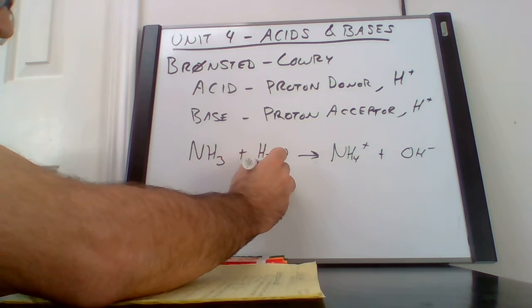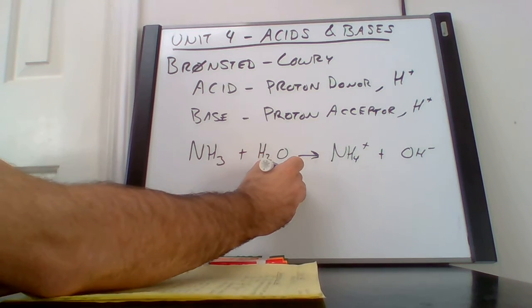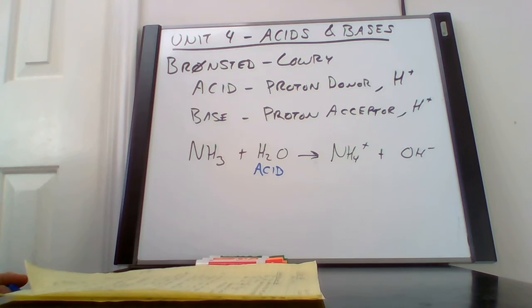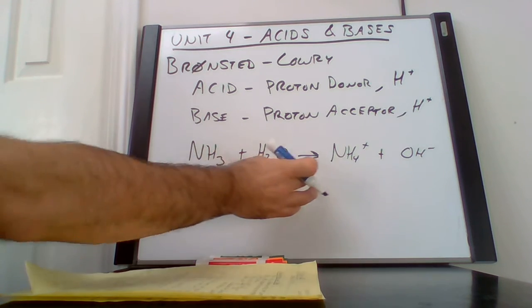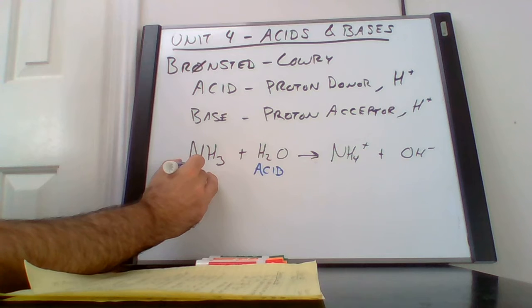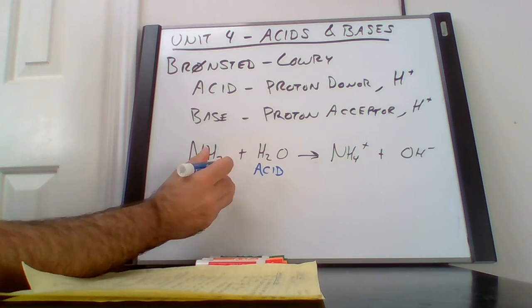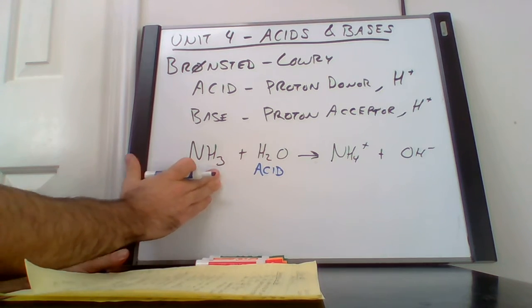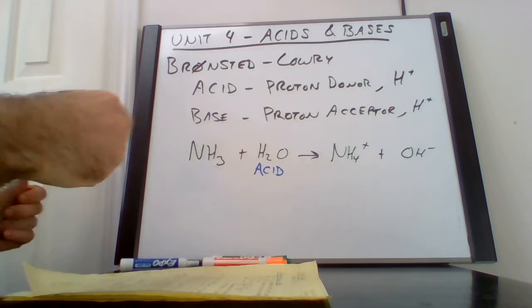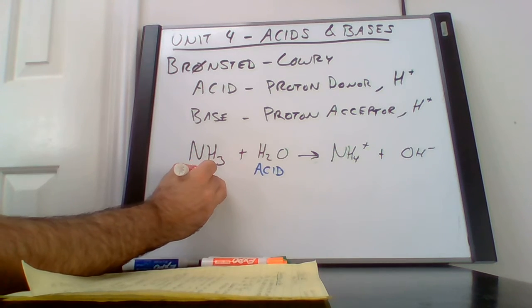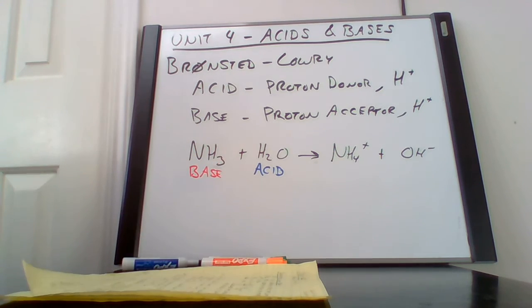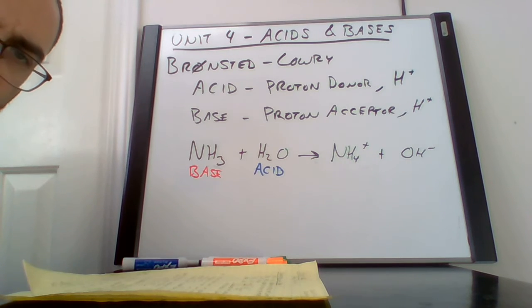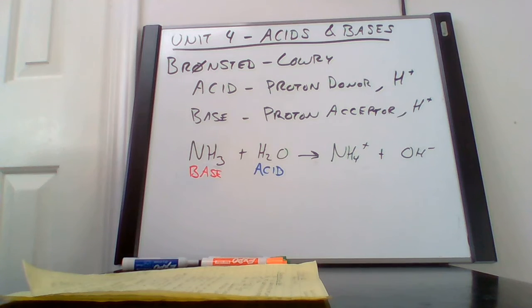So although we never really think of it that way, that makes water our acid in this situation. And it's the NH3 that's gaining that extra proton, which makes it the base. Okay, actually I'm going to switch colors there, and I'm going to go red for base. Okay.